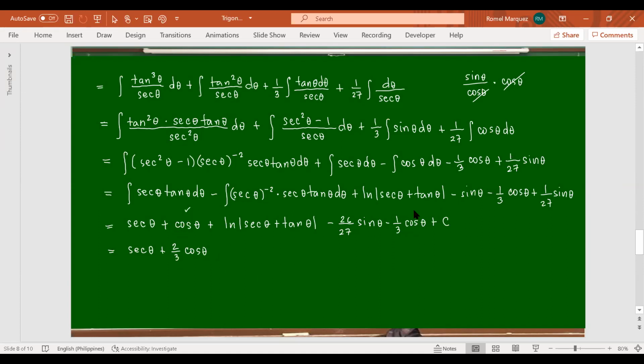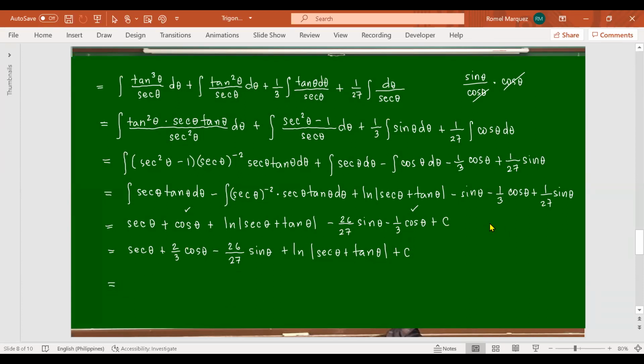This part and this part. Let's begin with this. Minus 26. So let's start everything with simple terms. Followed by this ln of secant theta plus tangent theta, then plus C. Okay, let's now replace.